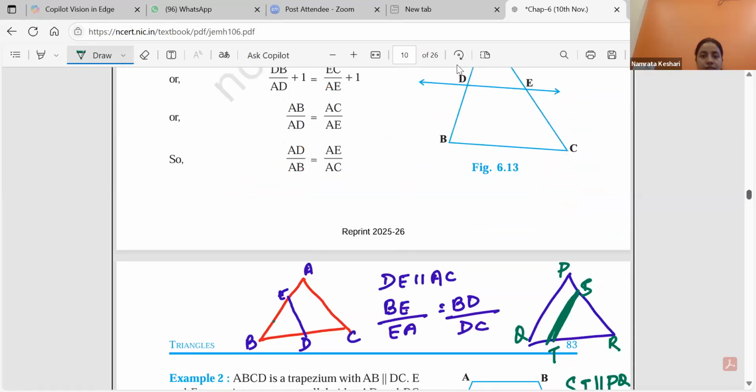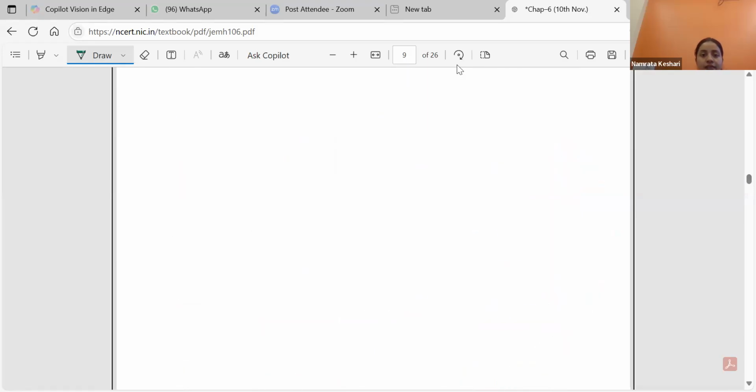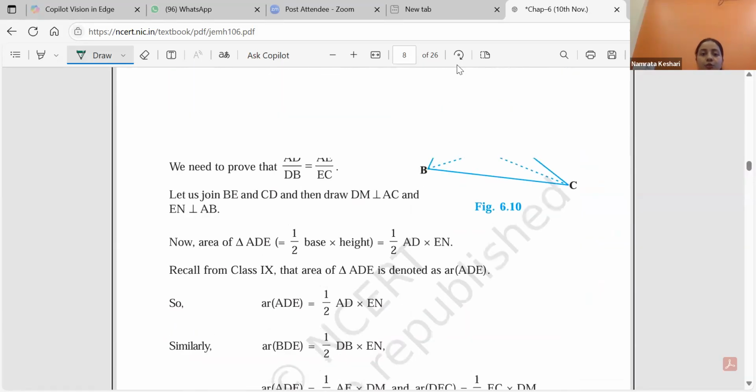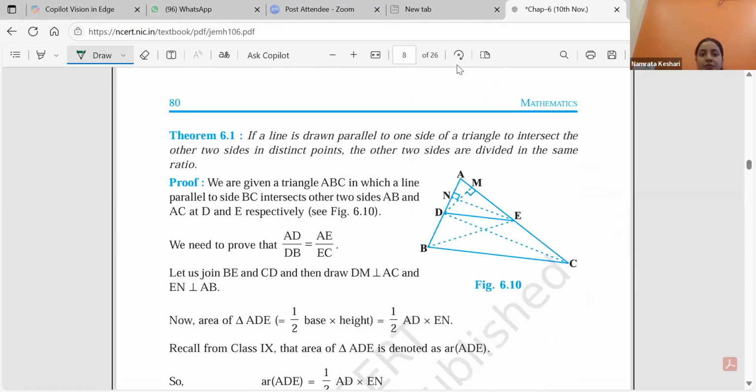Yes, ma'am. Okay, again, let's read the basic proportionality theorem, because apart from understanding the proof, if you are able to do the proof, great. But you need to understand this theorem. We will be using it in almost every question. If a line is parallel to one side of a triangle to intersect the other two sides at distinct points, the other two sides are divided in the same ratio.